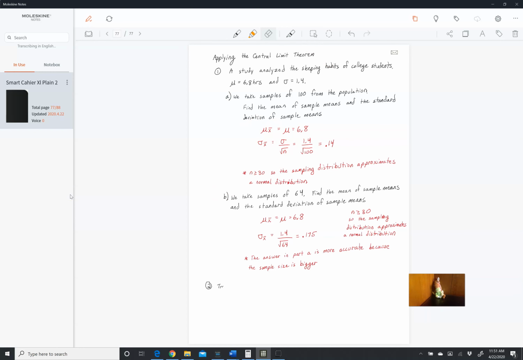Training heart rates for 20-year-old athletes are normally distributed. So this means we don't have to look at sample size.